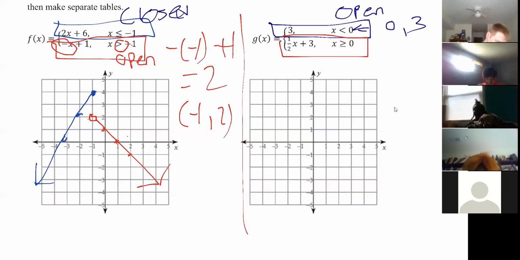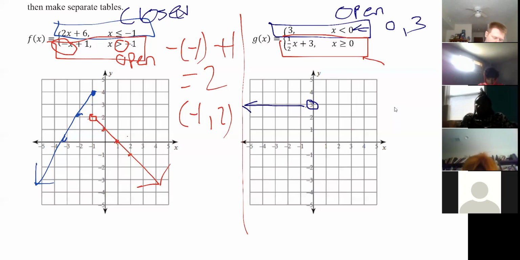So we plot our point at 0, 3, an open circle. It's everything that's less than 0, so we're not going to draw the line all the way across. It's just going in this direction, because this top inequality is telling us x is less than 0. That's the only part of our graph from 0 to the left, and it doesn't include 0, so that's why it's an open circle.